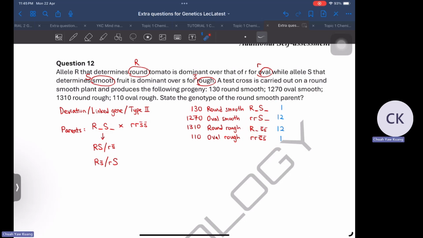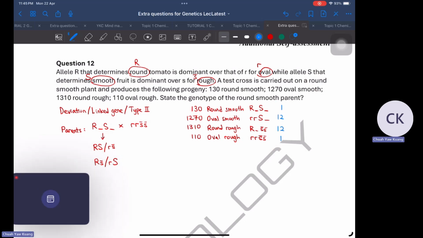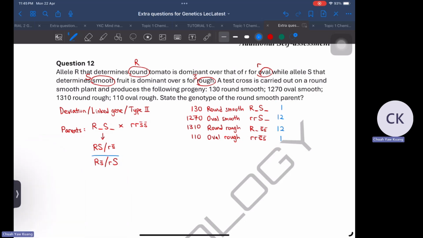If the offspring with only one dominant trait have the larger ratio, then the genotype of the parent will be the second one.